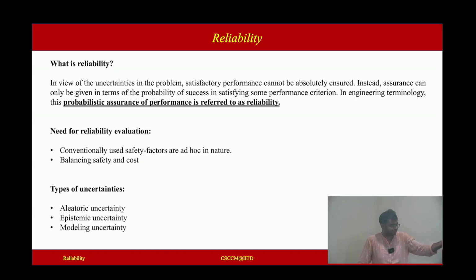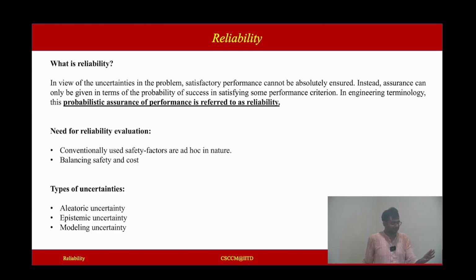So there is uncertainty which is inherent, and there are uncertainties that come into the picture because of our assumptions. I talked about two types of uncertainty. One uncertainty is inherent, that even if you want you cannot reduce, like the uncertainty in quantum. Quantum is inherently uncertain, you cannot reduce it. But then there is uncertainty which is coming because of your assumption. For example, plane section before bending remains plane after bending.